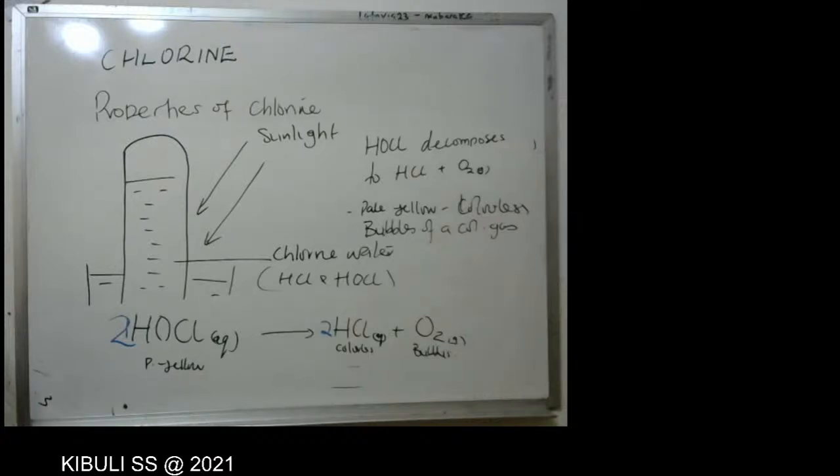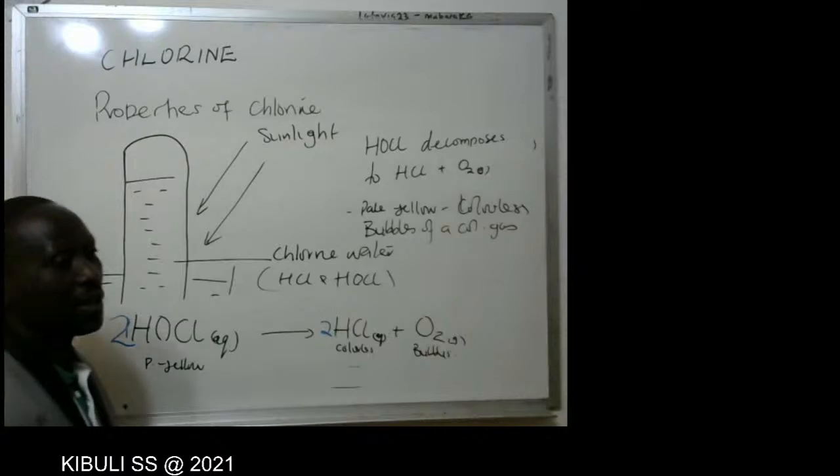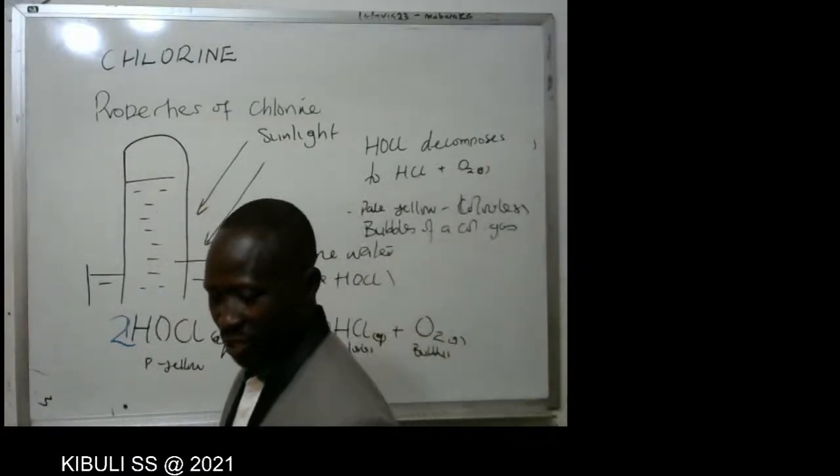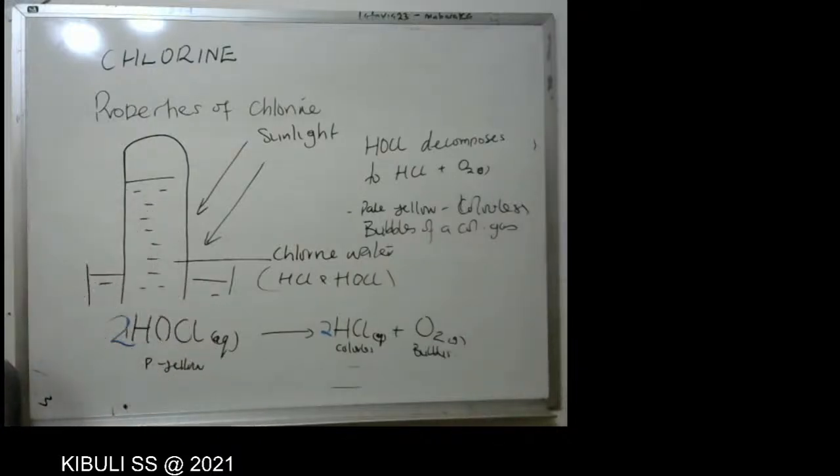So this is one of the important chemical reactions shown by chlorine. If there are any issues, raise them through messages and we shall be in a position to respond to them. So allow us at this moment to push on to the next property.